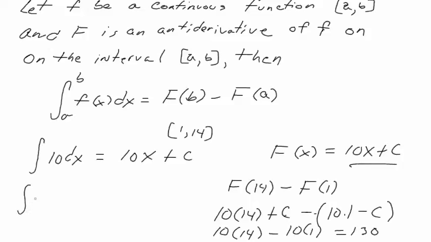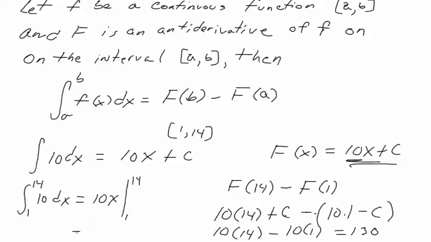However, when we do it like this, I'm going to write 1 and 14 here. We have some different kind of notation. So this becomes 10x, and of course that's this part here. But we don't write plus c, we just do this bar thing and say 1 and 14.